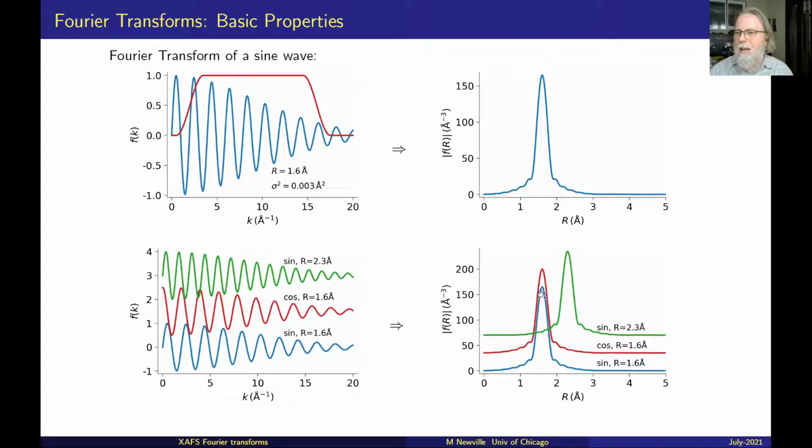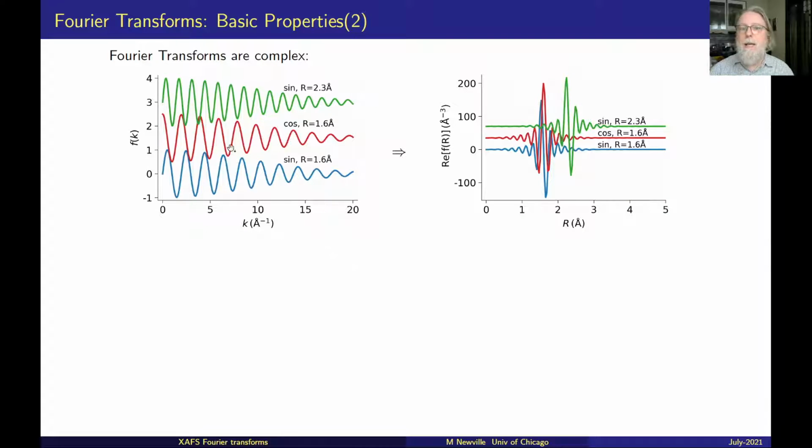In fact, you can't really tell from this plot of the magnitudes by itself what the phase is, that there's a difference in phase between these two. They look the same, but they're not. They're completely out of phase. So the Fourier transform is complex, and if we take those sine waves and do Fourier transforms and look not just at the magnitude, but the real portion of the Fourier transform, you can see that it's a bit messier, but you can see that the blue and the red curve are very different.